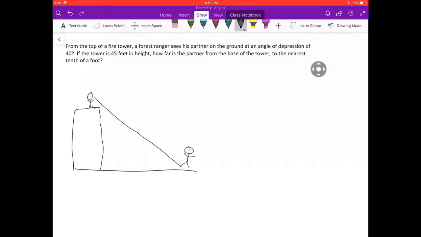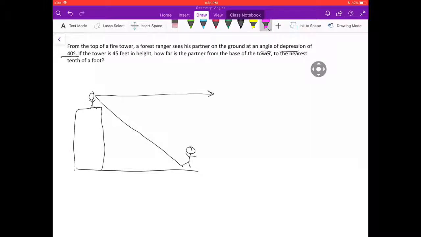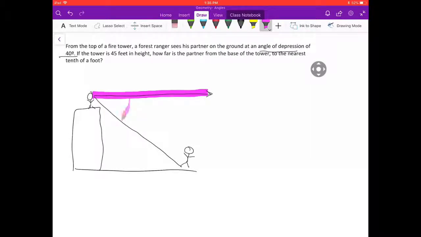Now the angle of depression of 40 degrees, that's going to be from his horizontal viewpoint going down. So that's going to be here. So our angle of depression this time is going to go here.